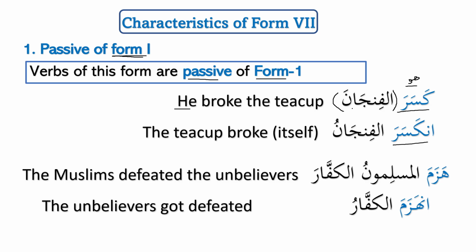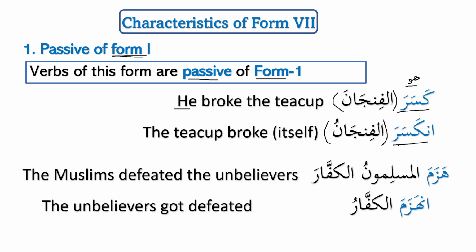In form number 1 it was maf'ul bihi, but in form number 7 it became the fa'il, the doer. That's number 1. And number 2, please remember that when we say it is the passive of form number 1, that means it's passive in meaning. It's not the passive itself, it's passive in meaning. As we can see, the teacup broke itself.